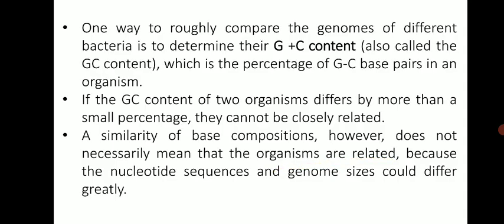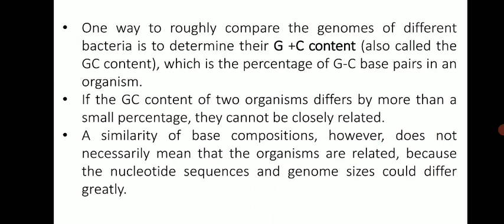One way to roughly compare the genomes of different bacteria is to determine their GC content. If we have to compare or identify different species of bacteria, simply by analyzing the GC content we can identify different species. GC content, also called G+C content, is the percentage of GC base pairs in an organism.